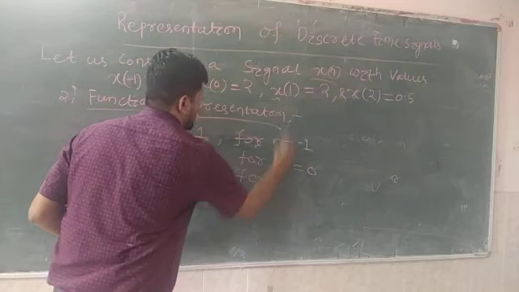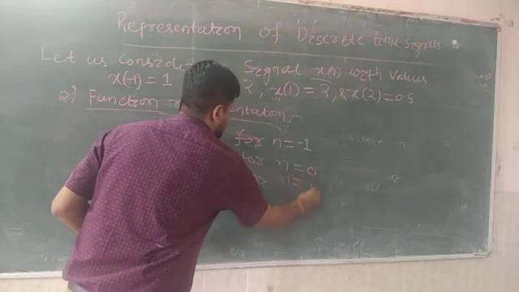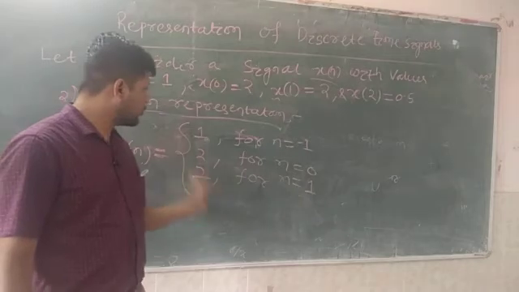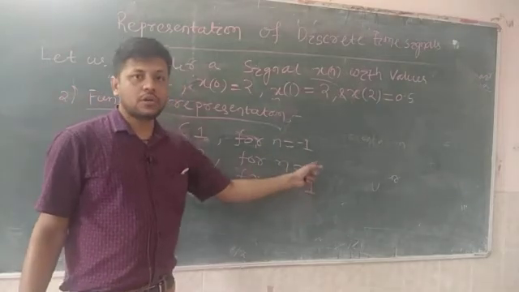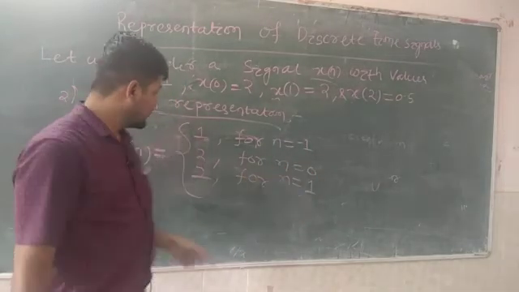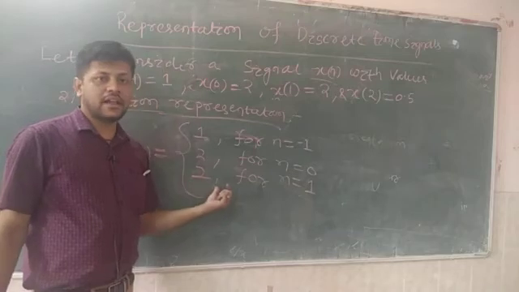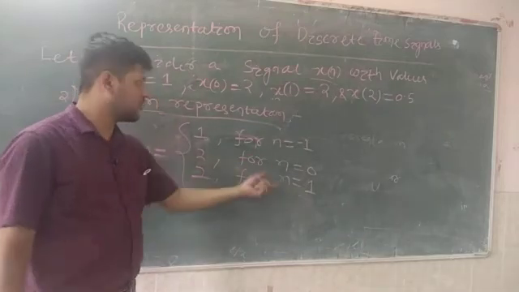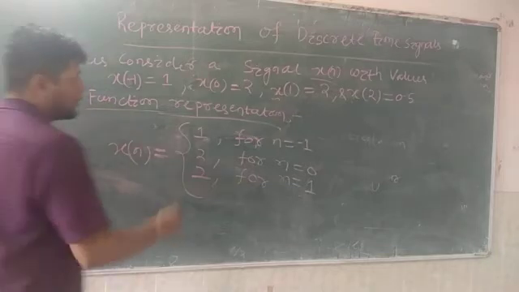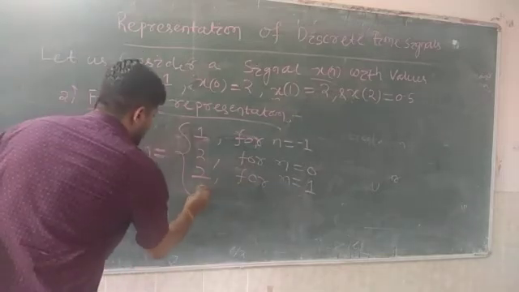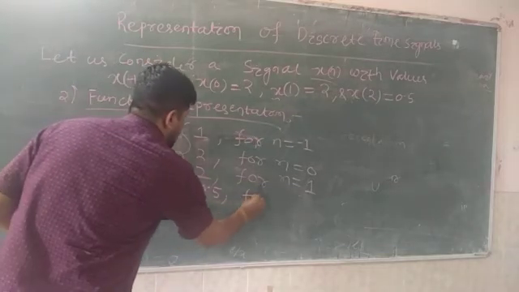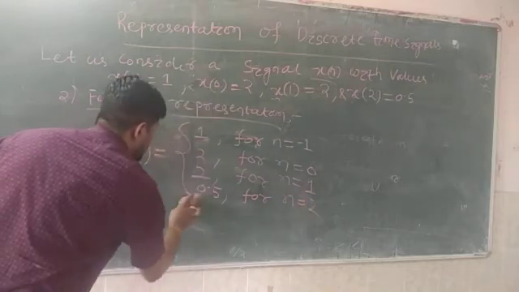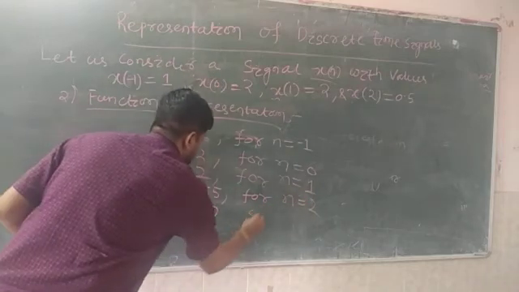You can directly write x[n] equal to 2 for n equal to 0, 1, or you can write individually for n equal to 0 and for n equal to 1. Then we have x[n] equal to 0.5 for n equal to 2, and 0 otherwise.